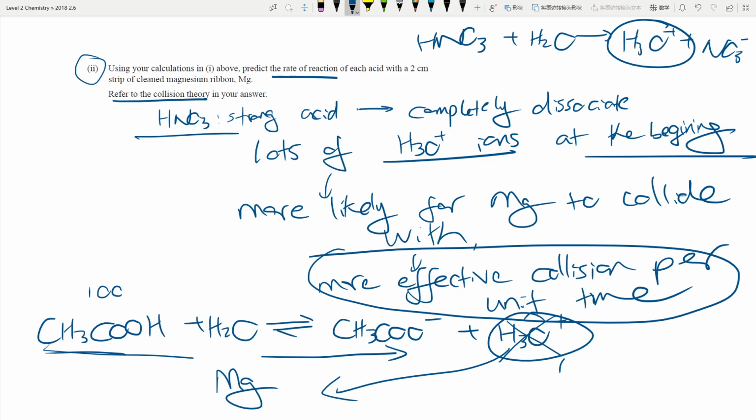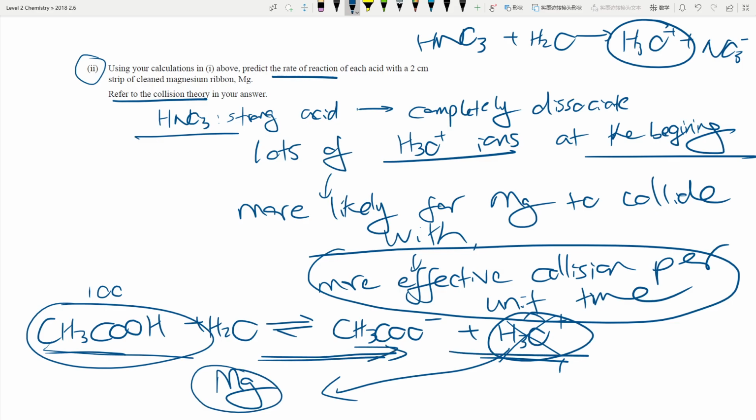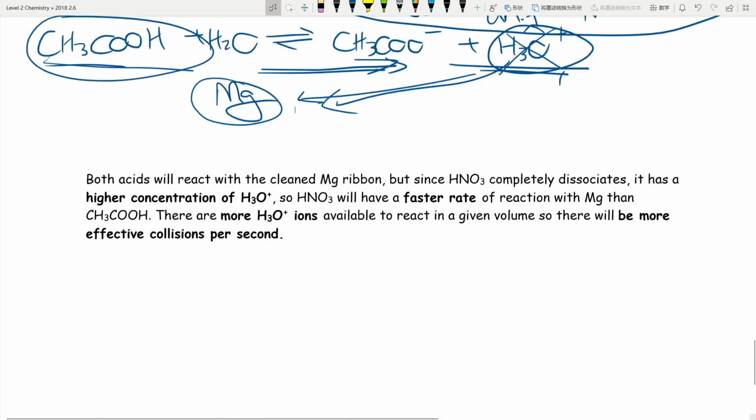But the ethanoic acid will take more time, because it constantly produces some H3O+, which collides with the magnesium, then gets used up, then shifts to the right to make more H3O+, which then reacts with the magnesium, and that cycle just continues until one of the reactants has run out, and there's no more reaction after that. That's really a lot of extra stuff, but that's what you're here for, just in case this sort of thing is being asked.